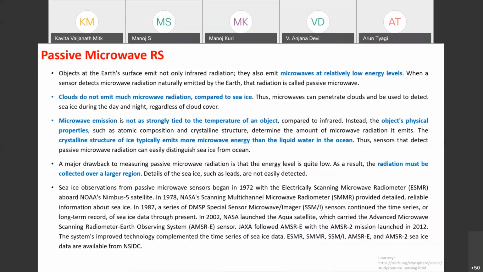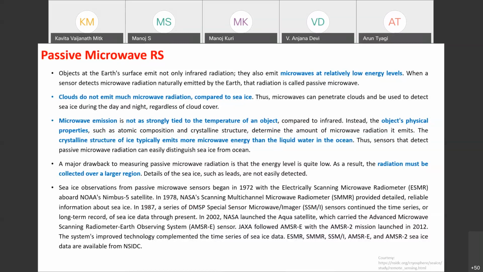I don't know whether I should talk about passive microwave remote sensing or not, but a little bit I'll cover here. Basically, objects on the Earth's surface not only emit infrared radiation, but they also emit microwaves at relatively lower energy.